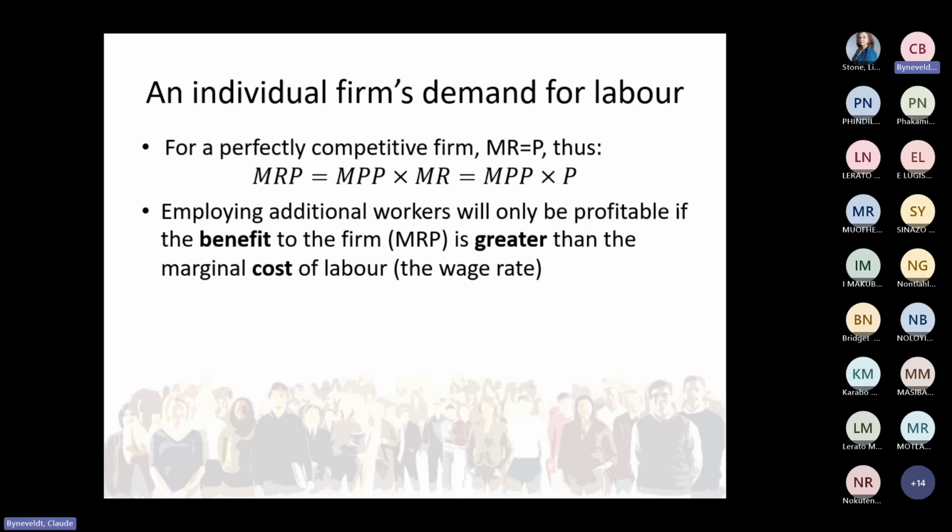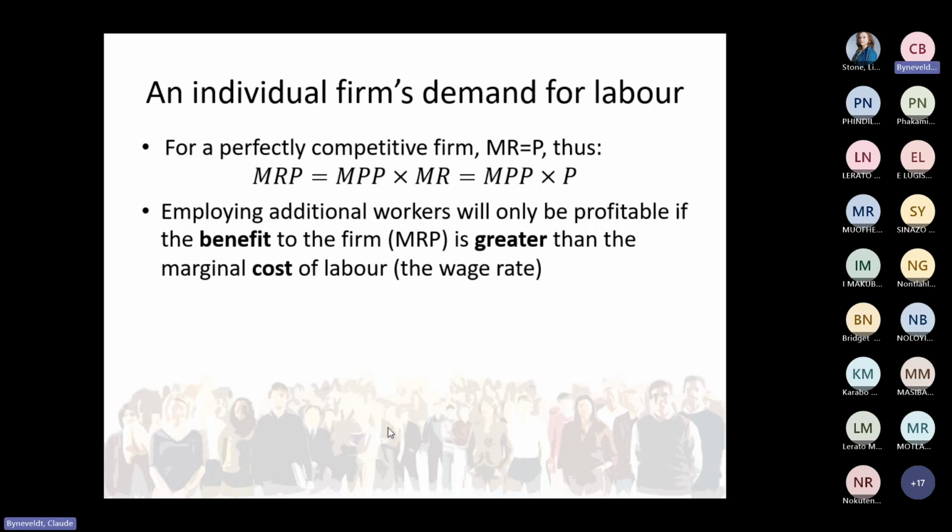It's the same in a perfectly competitive goods market, where the marginal revenue is equal to the price of the goods and service and is equal to average revenue. But here we deal with the labor market, which is a specific market, a factor market. And it's a very important factor market, specifically in the South African macroeconomic context, where we have high unemployment rates.